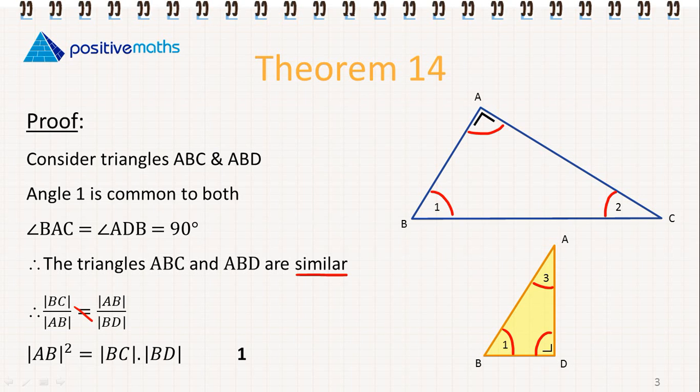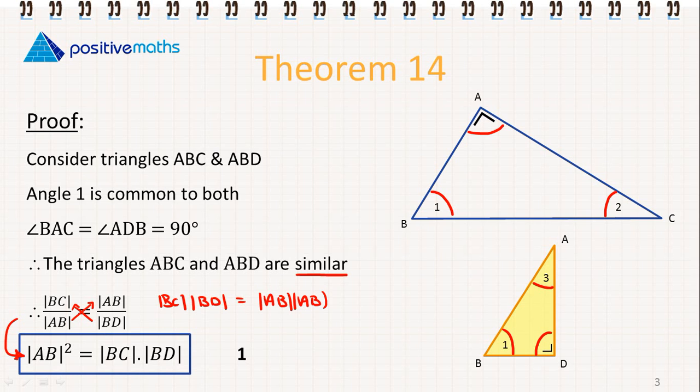What we did here was cross multiply, so BC multiplied by BD is equal to AB multiplied by AB. That gives us the following line. We're going to call this equation number 1: AB squared is equal to BC multiplied by BD.